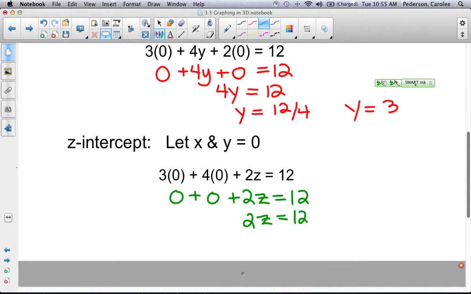And then we solve this equation for z. Oops. That should be z equals 6. So on your z-axis, it's a positive 6. So we are going to go up 6 units on the z-axis.